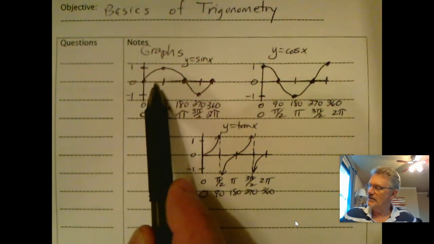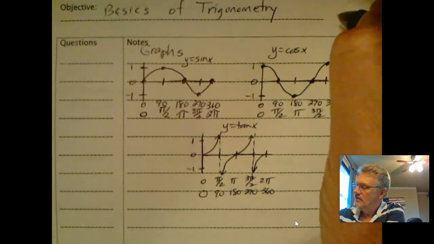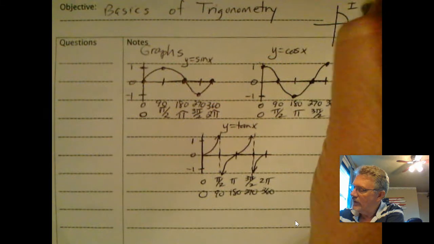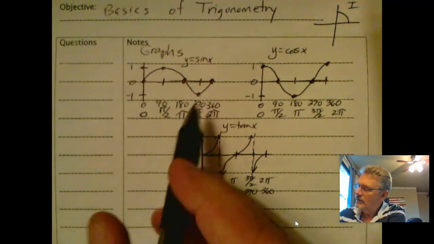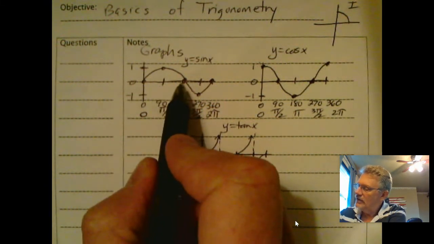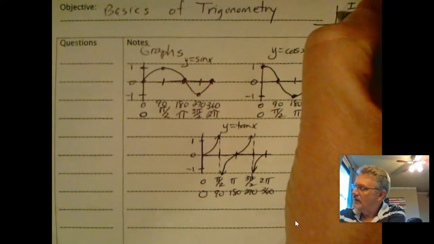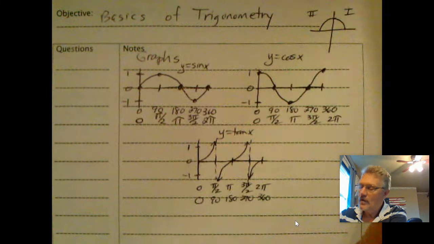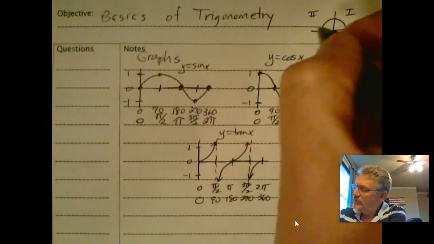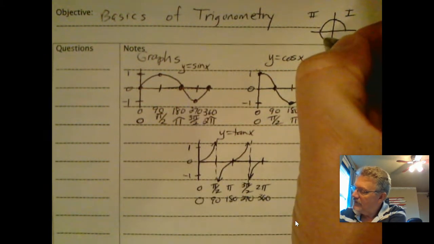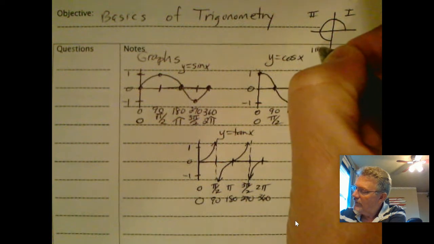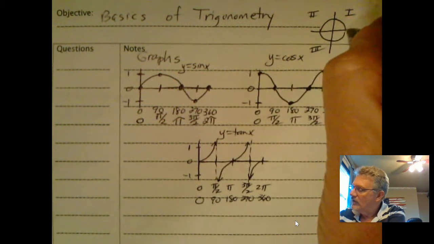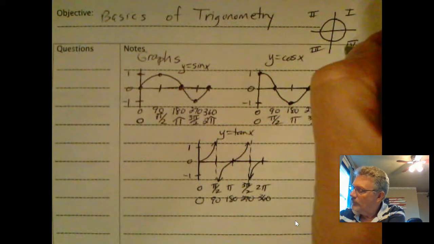Between 0 and 90, that's the first quadrant. Between 90 degrees and 180, that's the second quadrant. Between 180 and 270, that's the third quadrant. And between 270 and 360 is the fourth quadrant.